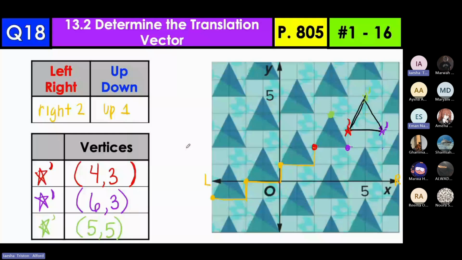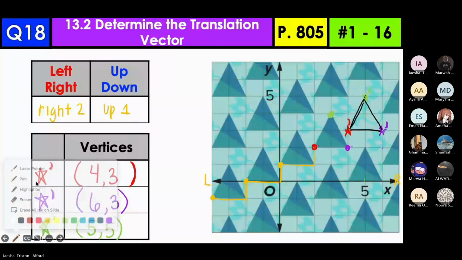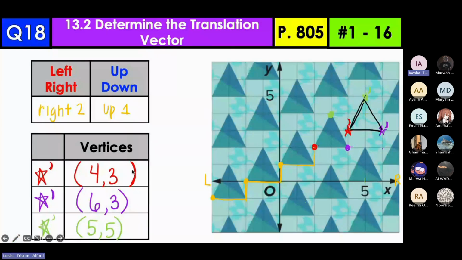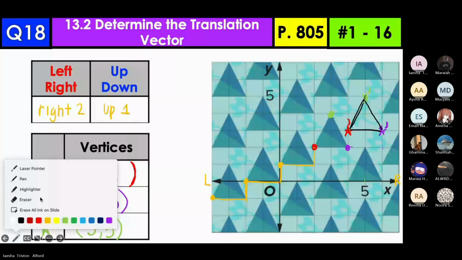Yes or no, guys? 5 right, 5 up. From here, 5 right, 5 up. Get here. Remember, this is the ordered pair. It's not the vector. We don't want the vector.